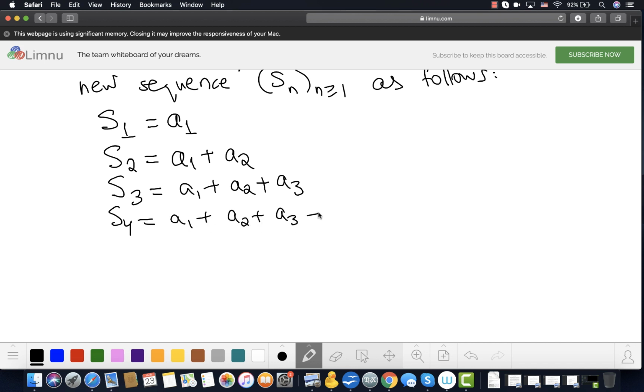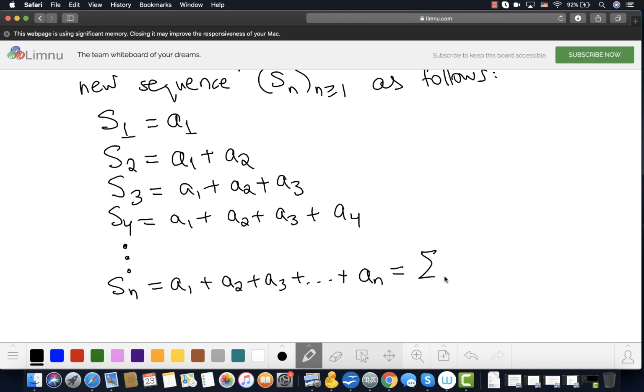So as you see, we're just adding the first n terms. That's why it's called partial sums, because you're kind of summing up the terms, but you're partially summing them up. Okay, so if you keep going in this way, S sub n is going to be A1 plus A2 plus A3 dot dot dot plus A sub n.